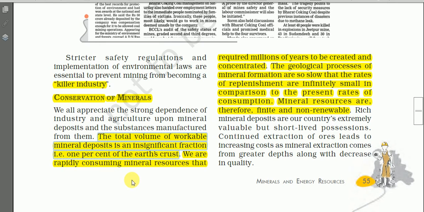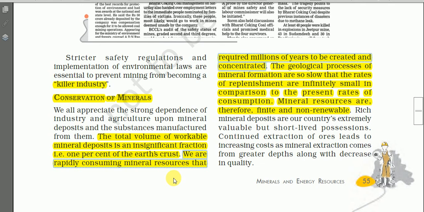That means we are extracting only a small fraction of the minerals, and we are rapidly consuming mineral resources that require millions of years to be created and concentrated. It means that the formation of minerals takes millions of years, whereas we extract thousands of tons of these minerals within a few seconds or minutes.